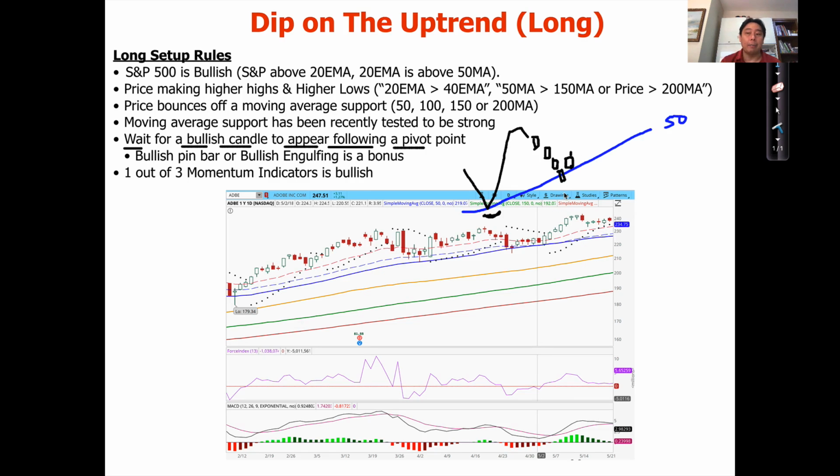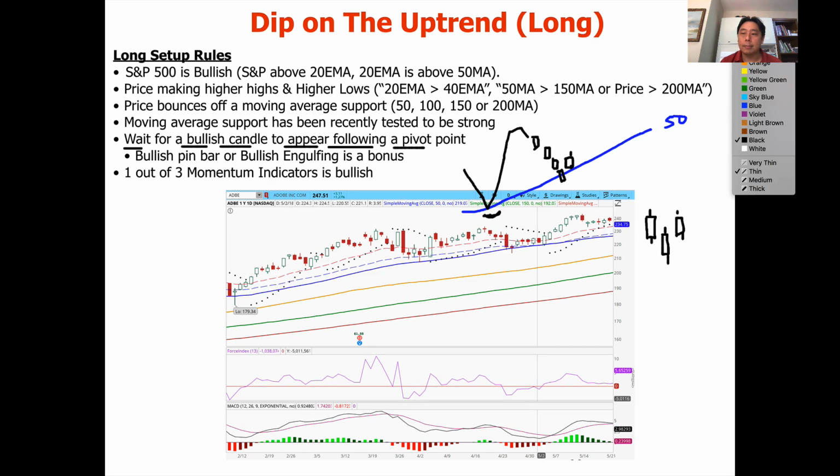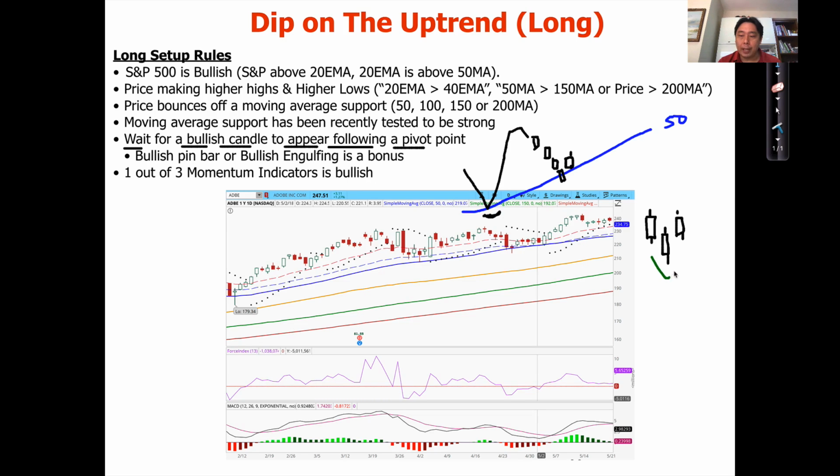Now, how do you define a pivot point? A pivot point is one that is made up of 3 candles, like so. Candle 1, candle 2, and candle 3. So this is known as a pivot point, this over here.